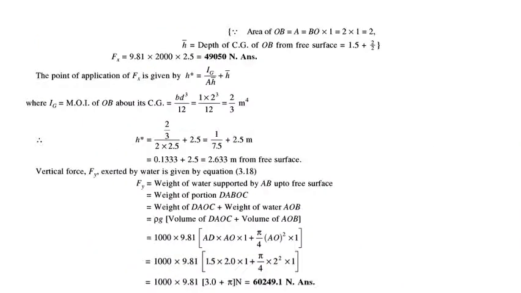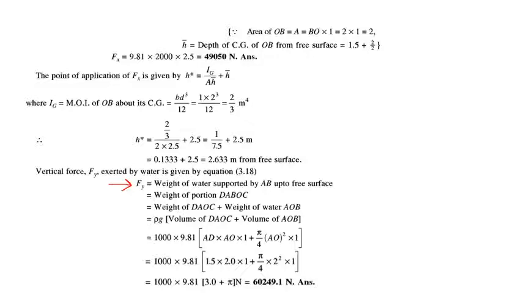Now for Fy, they have given that Fy is the weight of liquid supported by AB up to the surface. AB supports the quantity of water in a quadrant and above rectangle.